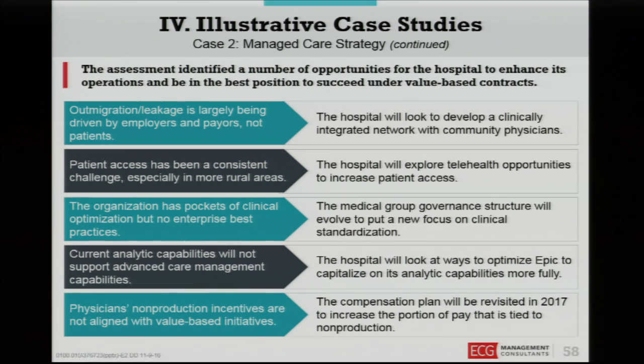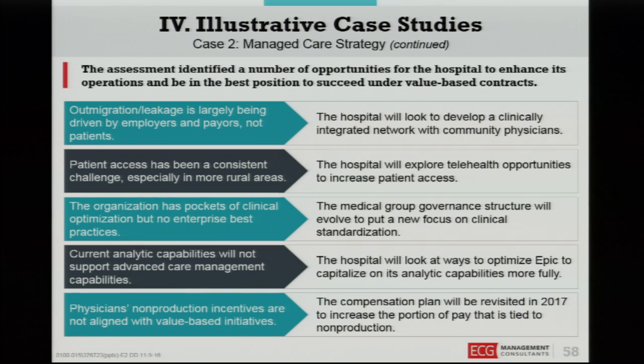So our strategy was to develop a clinically integrated network with some neighborhood physicians, as well as some other payer strategies. We identified issues with patient access, especially in the rural areas, so the initiative there was to look into telehealth and enable folks to access care remotely without incurring drive time and other real costs.